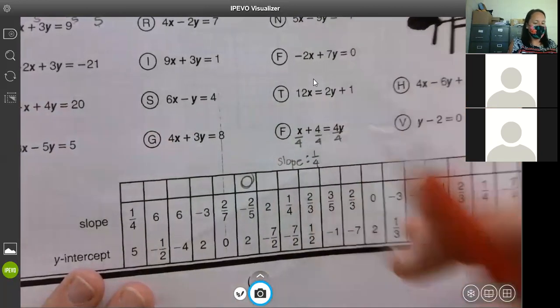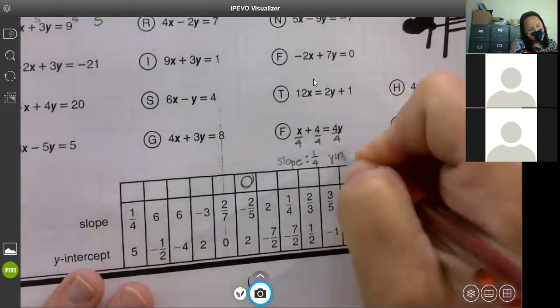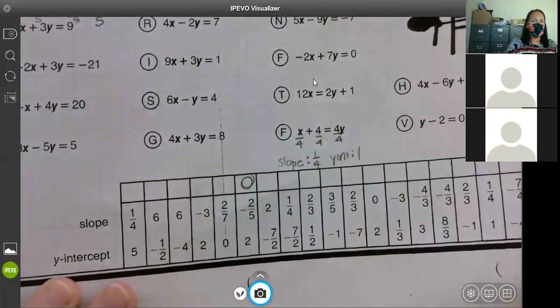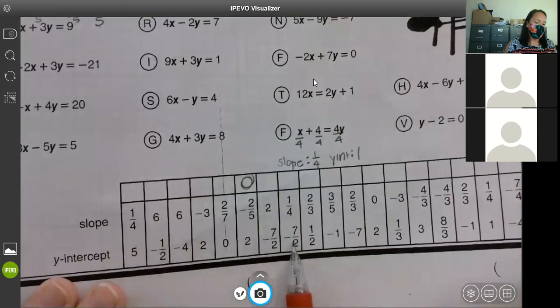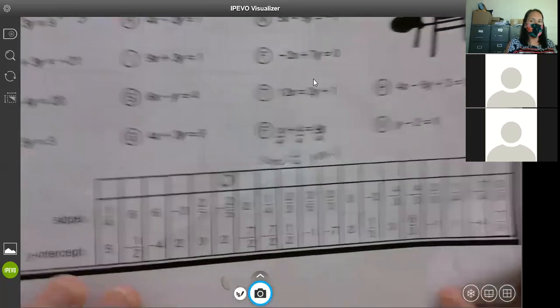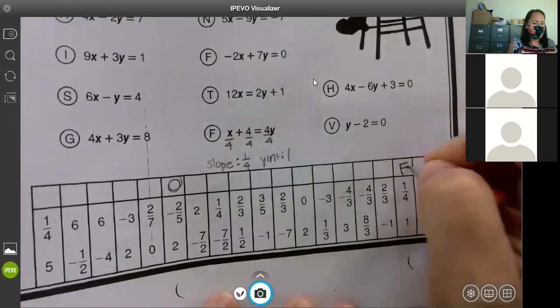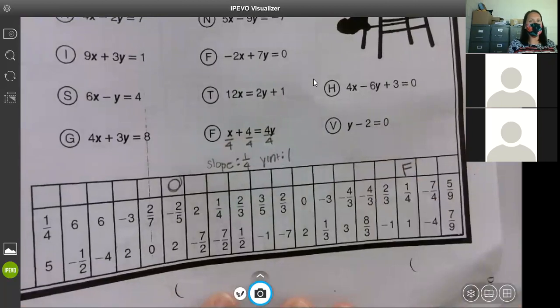What is 4 divided by 4? And then you find your answer. 1/4 and 5, that one's not good. 1/4 and negative 7/2, that one's not good. Move down, there's your 1/4 and 1, because you're going to put the F in.